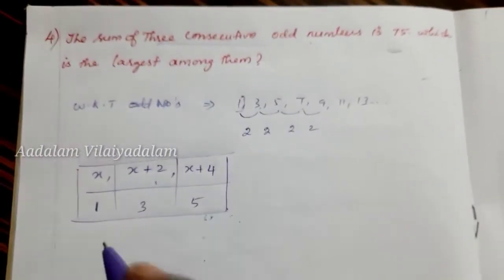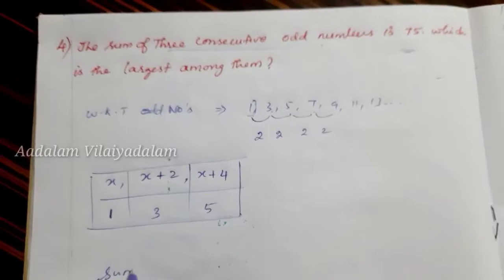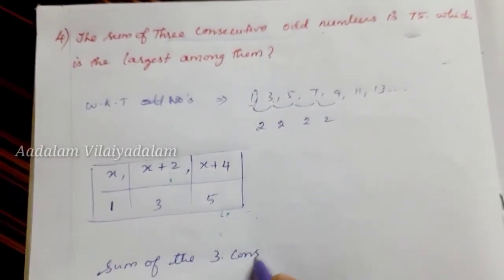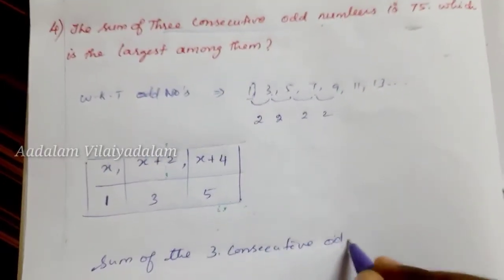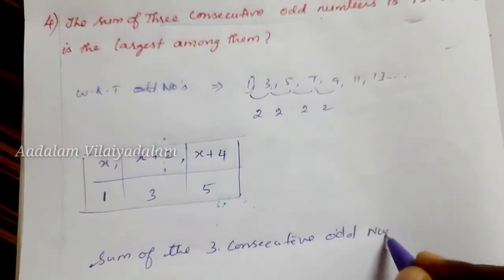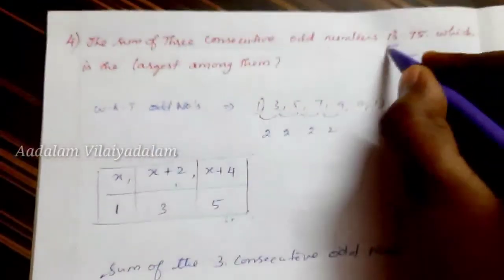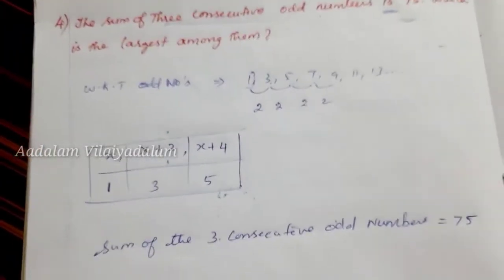So let us write the given sum of the three consecutive odd numbers. How much? 75. It means we can use equal to 75.